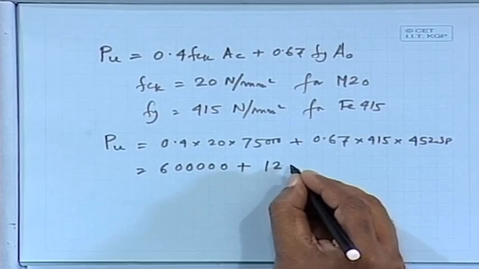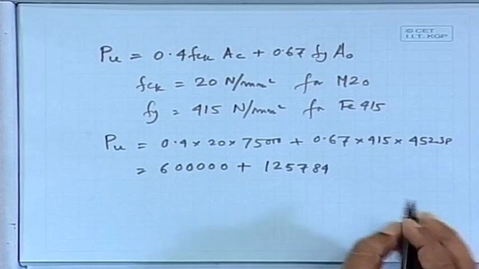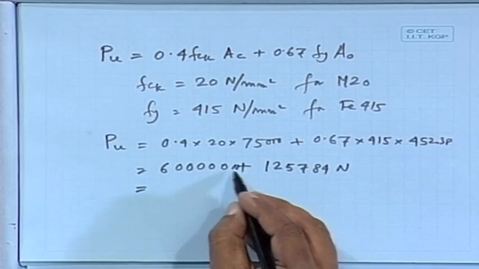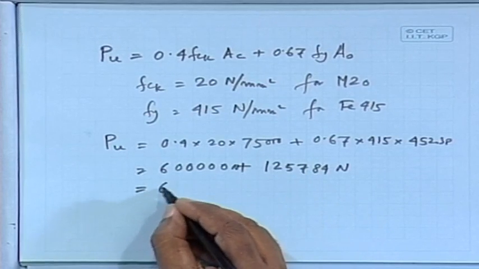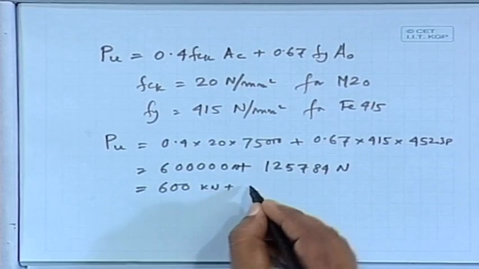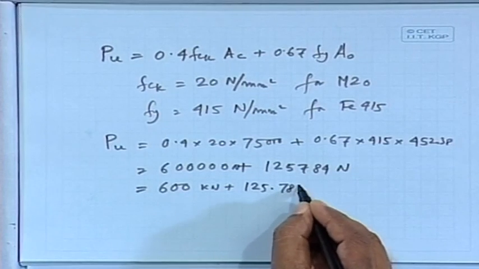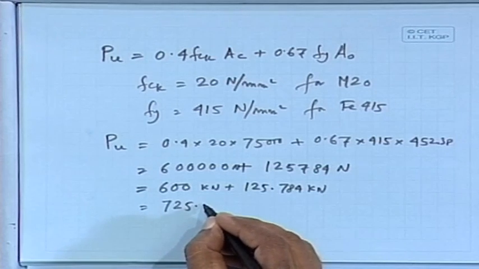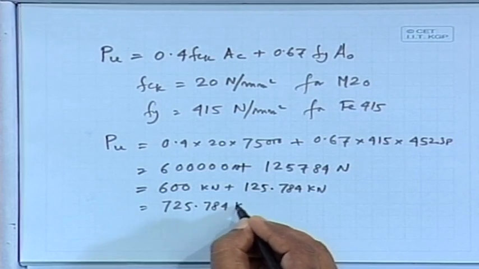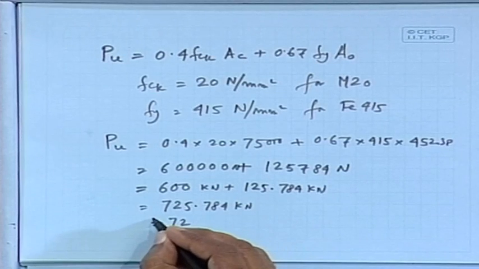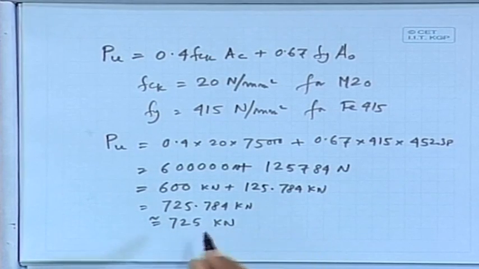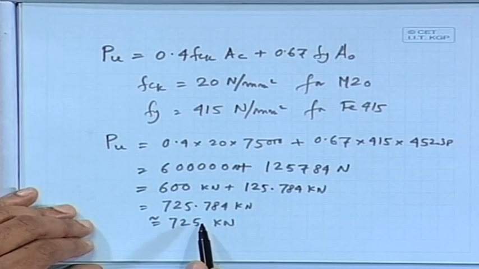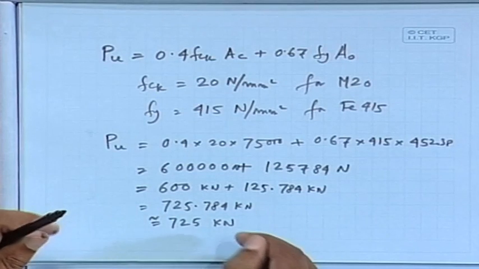We are getting here 725,784 Newton, let us say 725 kilonewton. That means the Pu maximum allowable is 725 kilonewton. This particular one we can get as 725 kilonewton.